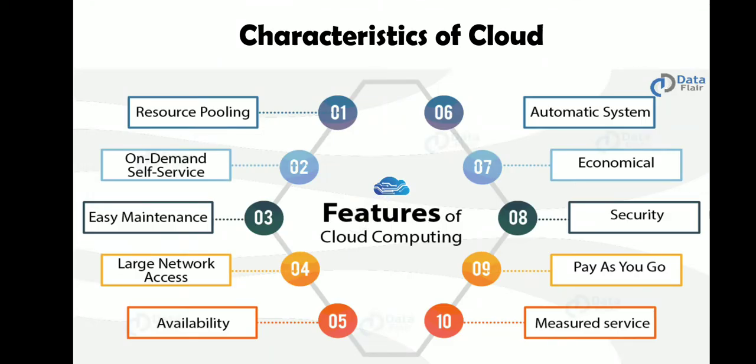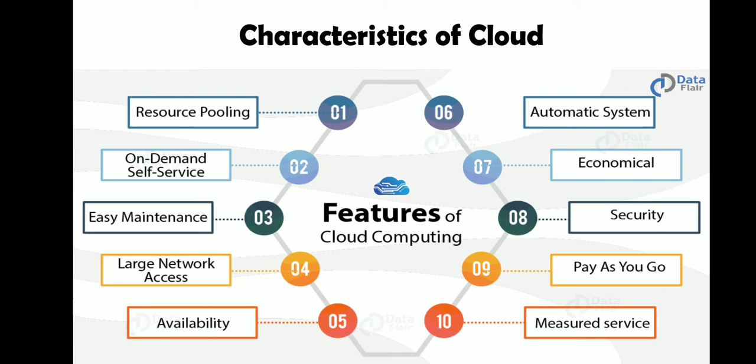Next, these are the characteristics of cloud. It gives you resource pooling. Yes, it has a pool of resources, in terms of machines, software, development platforms, and many more. It is on-demand self-service. If you need, you request, and you get your own service. It is easy to maintain all your data and environment in the cloud with specific cloud providers.